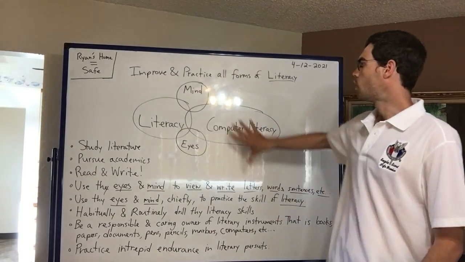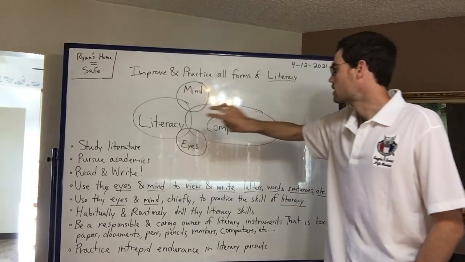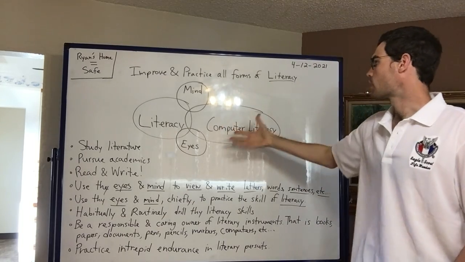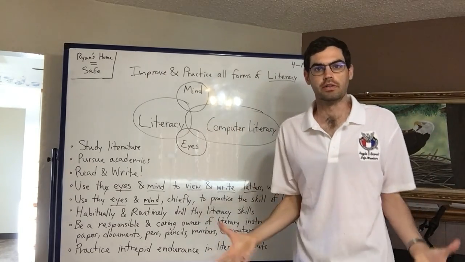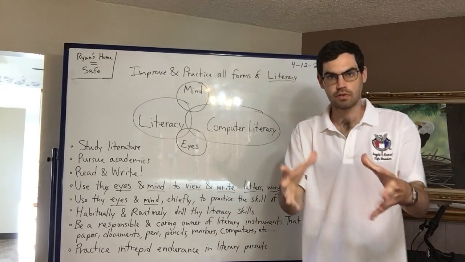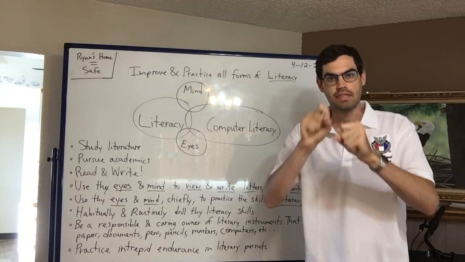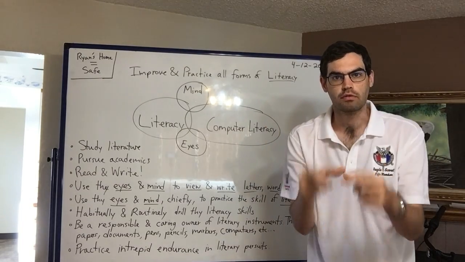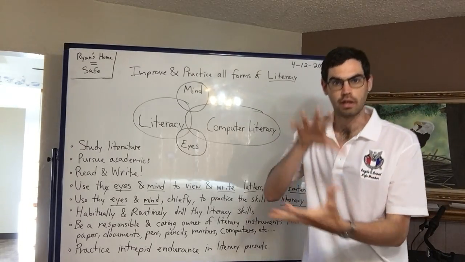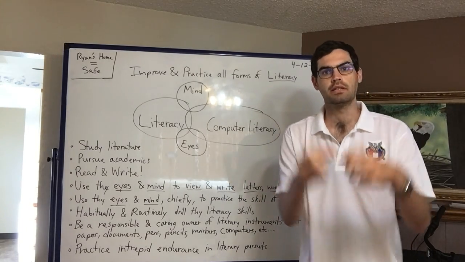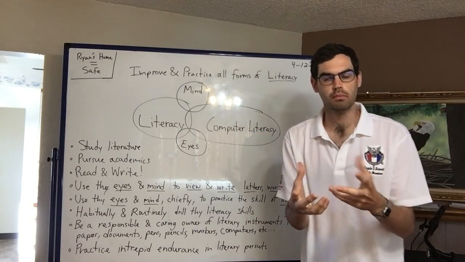But really it's a combination of all these four things that's important. The mind and the literacy and the eyes and the computers and the electronic literacy. These four things come together to really improve and enhance modern literacy today. You've got to have eyes for seeing, a mind for understanding and knowing, for processing and digesting, and then the actual literacy, the actual skill of reading and understanding the symbols and the words and the letters and the characters, and the electronics nowadays, the computers, the internet sources available.